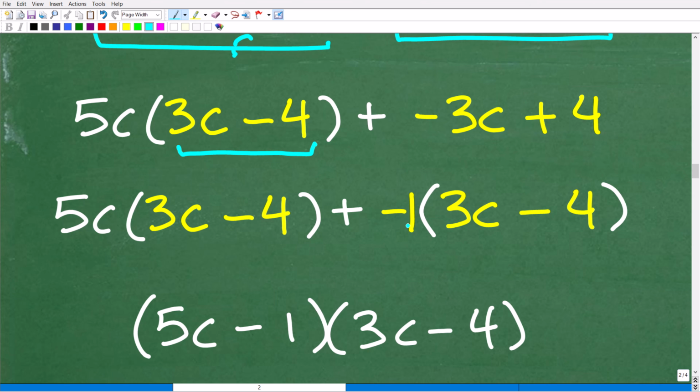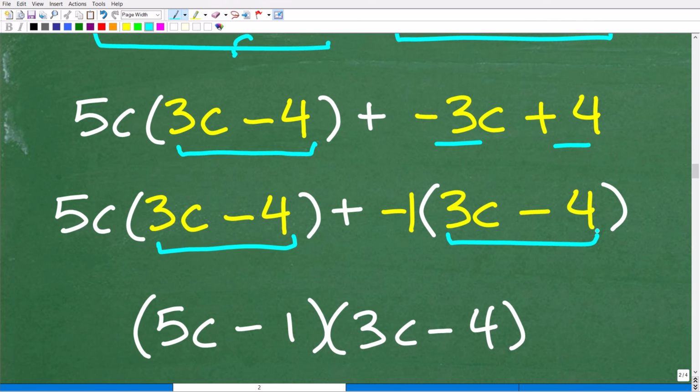If I multiply this negative 1 back into this binomial, negative 1 times 3c will get me back to negative 3c, and negative 1 times negative 4 will get me back to positive 4. If I factor this out, guess what happens? Well, I have the same binomial right there.